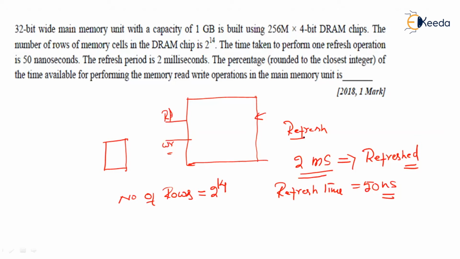We don't want it, but anyhow, that is mandatory in order to keep this main memory active all the time. If you leave this refresh time, how much of the actual time is available simply for read and write operations? Okay, let us solve this. Here, let me consolidate the details that are given. One refresh operation takes 50 nanoseconds.